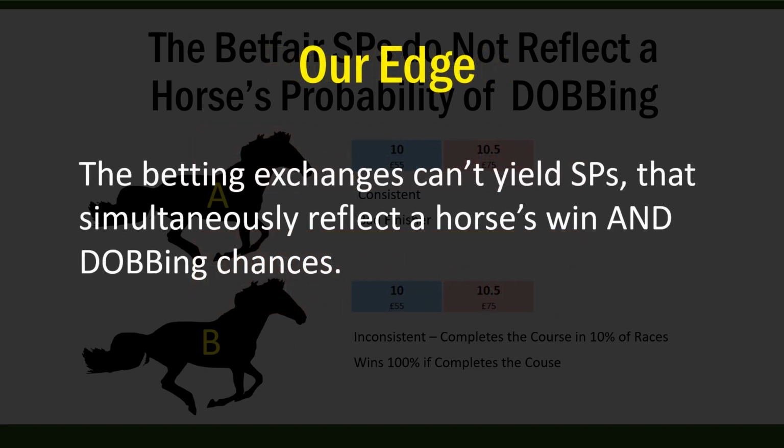Our edge comes from the fact that the betting exchanges can't yield SPs that simultaneously reflect a horse's win and dobbing chances. If they tried to account for dobbing, they would be leaving value for layers of the win price. Incidentally, this is also why bookmakers dislike and restrict smart each-way backers.